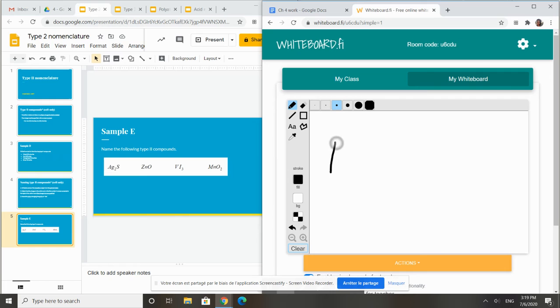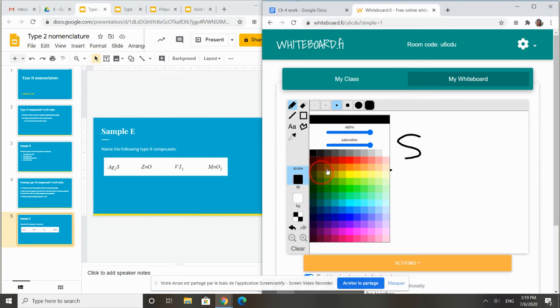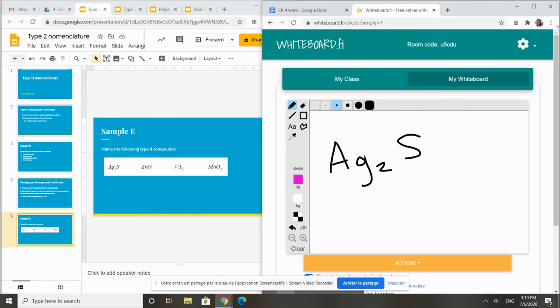So I've got Ag2S. Now I'm just going to change the color so you can see it's different steps. At the top, I'm going to put the common charge, or the charges. I don't know what silver's charge is yet, so I'm going to call it X. I do know that sulfur's charge is -2. And then just because there's nothing written by the sulfur, I'm just putting that 1 there to remind myself that it's there.